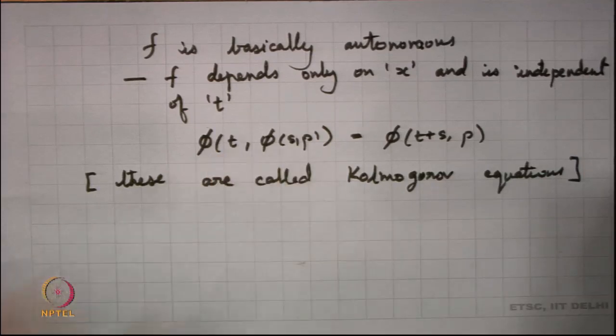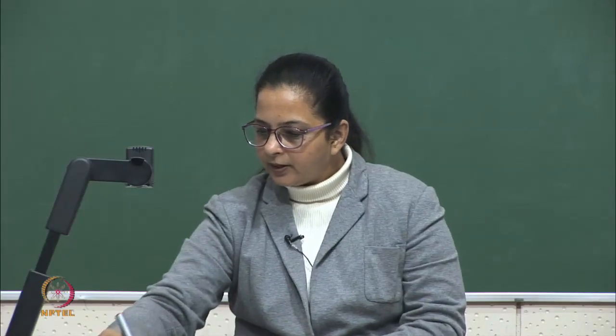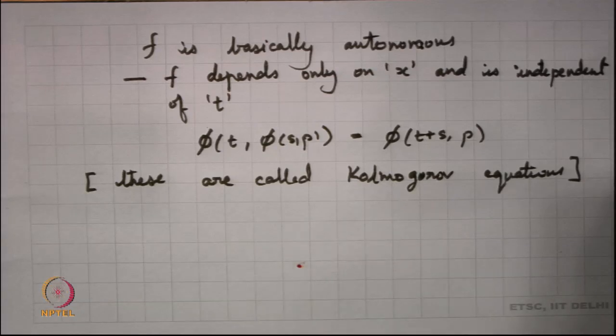Now what does that essentially mean? We have this particular point p, and I am trying to solve this equation at this particular point p. Suppose now I have solved this equation for, say, time equal to s.